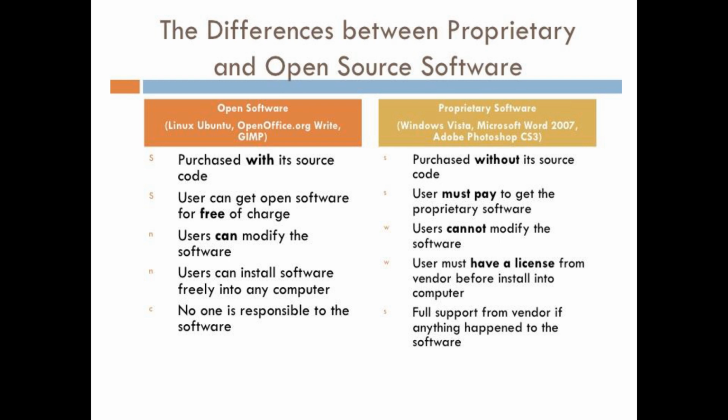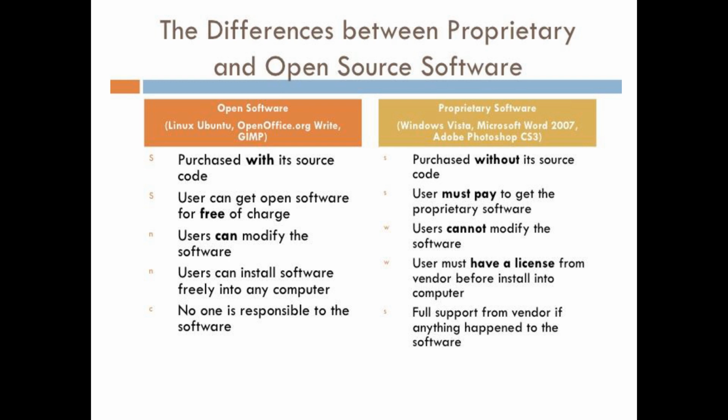The fourth difference is that a user can install the software freely on any computers, any number of times. In the case of proprietary software, the user must have a license from the vendor before installing on computers. If you get a single-user license, you can install on a single machine.